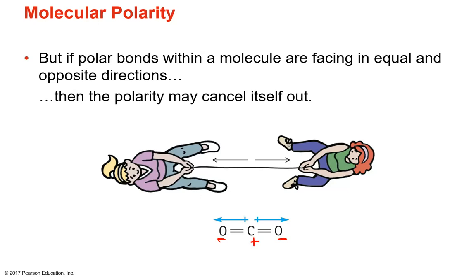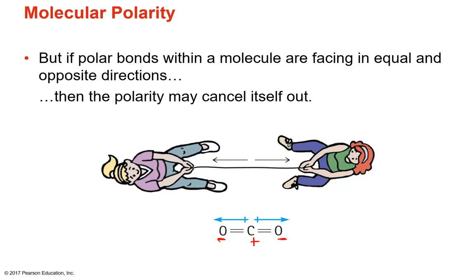And so you have both the left and the right sides, as this is pictured, have a net negative charge, and the middle has a positive charge. Now, when I look at this, the charge is still symmetrically distributed because it's a flat molecule. And so it's nonpolar, even though it has two polar bonds, because the charge is distributed symmetrically. So just because you have nonpolar or polar bonds doesn't mean it's going to be a polar molecule.